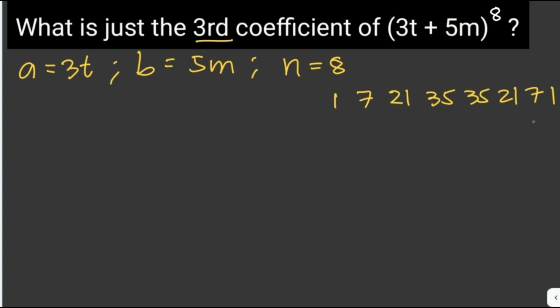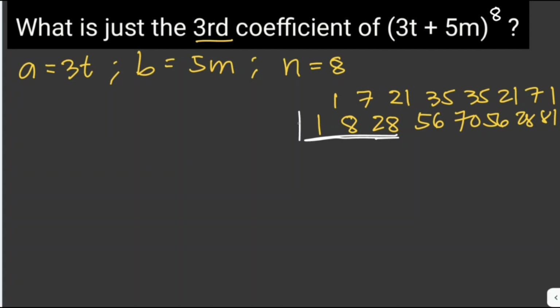So since that is for the exponent 7, for exponent equal to 8, this would be 1, 8, 28, 56, 70, 56, 28, 8, 1, and so on. But we are only interested in the third term to get the third coefficient.